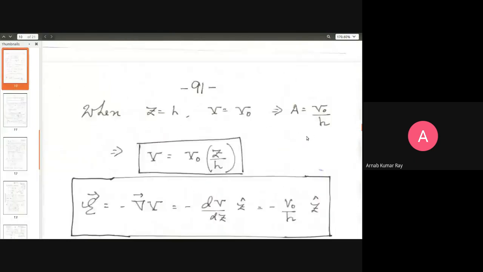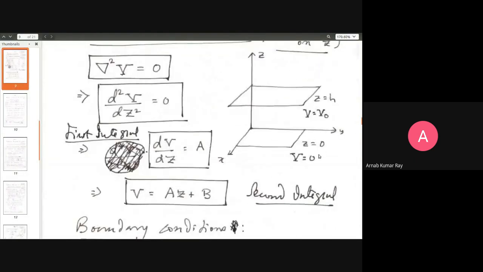Then here also, I have written V is equal to 0. And at the other end, I've written V is equal to V naught. You may very well ask me, why are you just writing 0 at one boundary? Why not V is equal to some non-zero value, and then at the other end also some non-zero value? I will say it doesn't make much of a difference because ultimately, what matters is the potential difference.